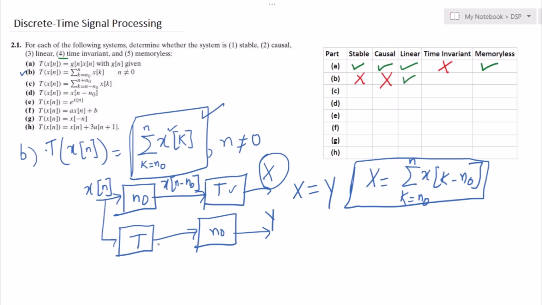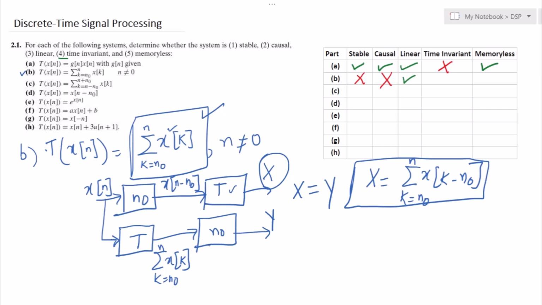Now to find the value of y, this x of n will be applied to this T, and at the output is the processing which it does over this x of n. So here we will get the summation from k equal to n0 up to n of x of k.